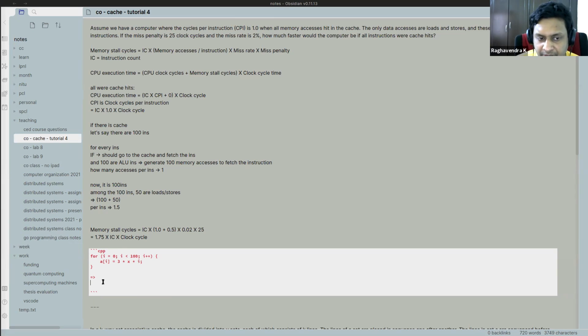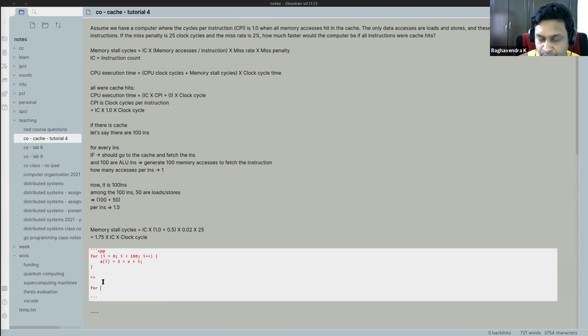So what the compiler generally does is say, okay, this guy is doing something like this, I will do something like this. Or it will say, while I is less than 100, maybe I plus equal to 4.